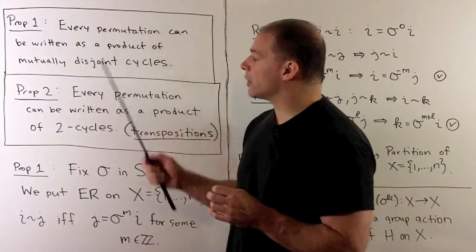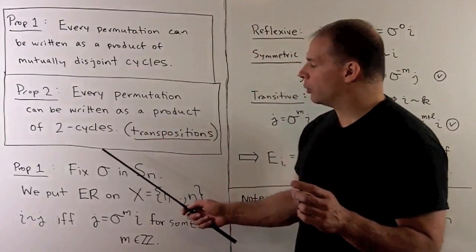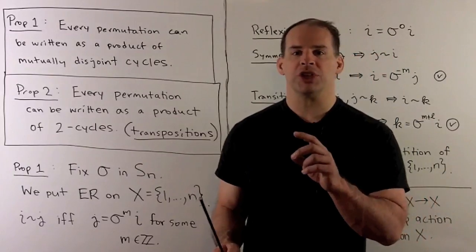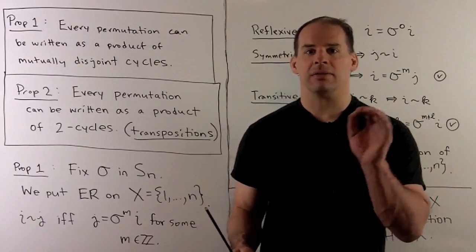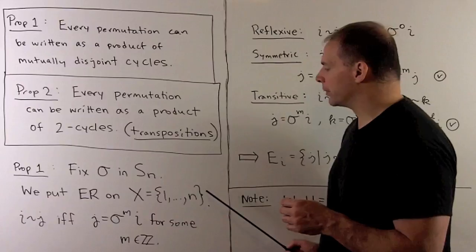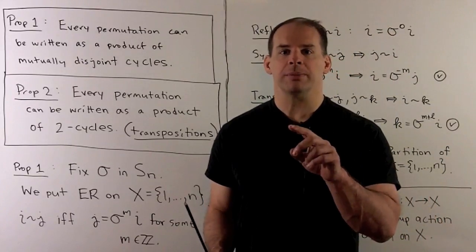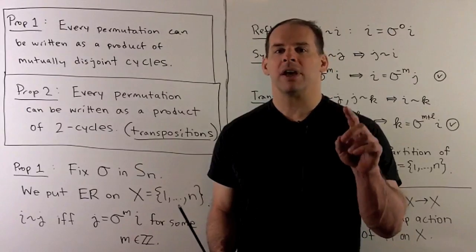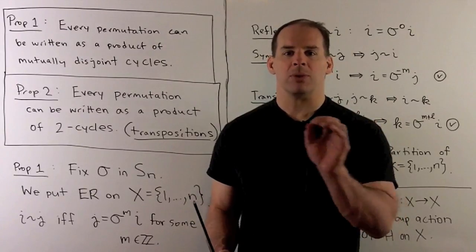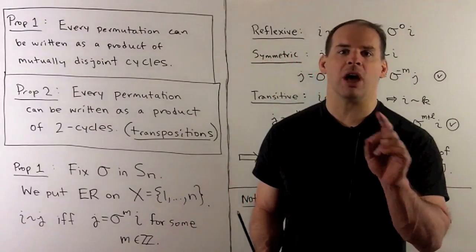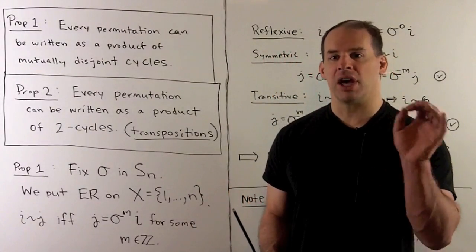Now, for the first proposition, I want to fix a permutation sigma in S sub n. I want to put a partition on the set X of labels 1 through n. If we consider the subsets in the partition, so we pick one, that'll give us a cycle. And then if we take all contributing cycles, we get a representation of our permutation in cycle notation.